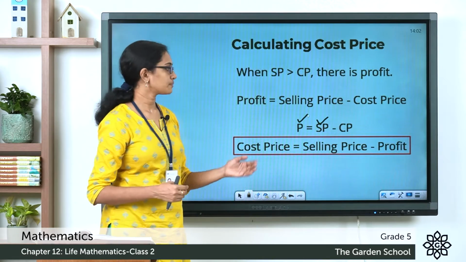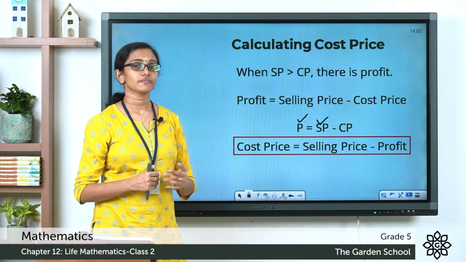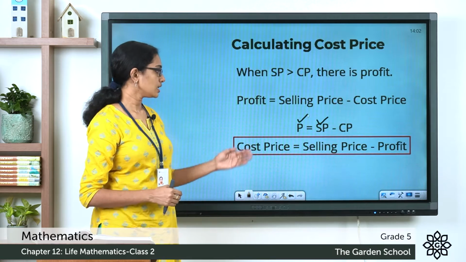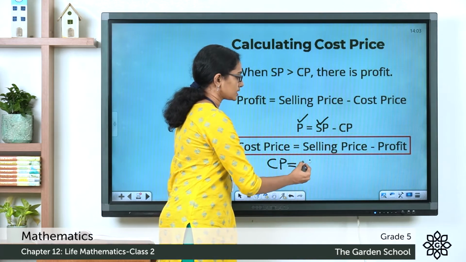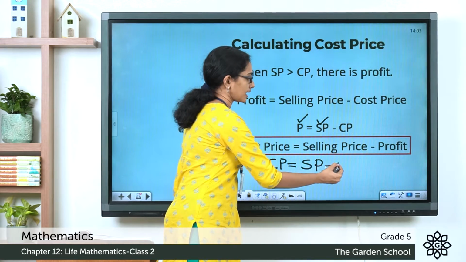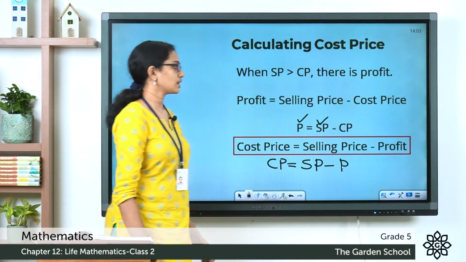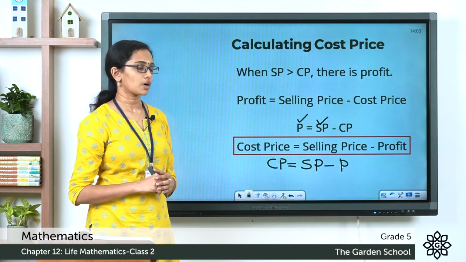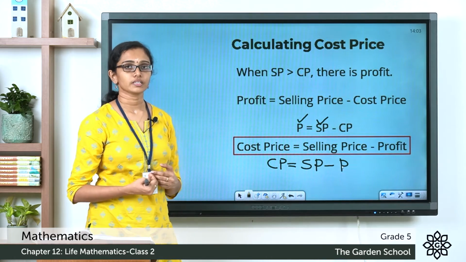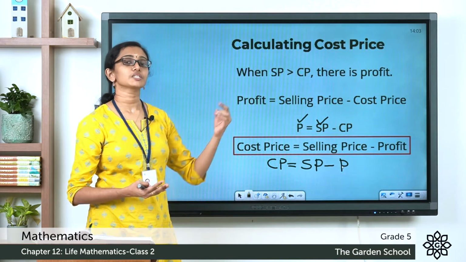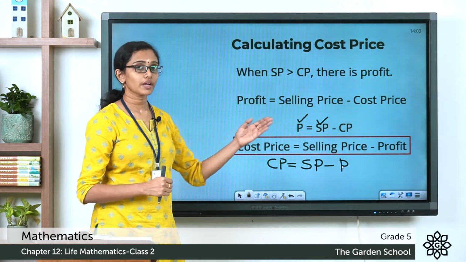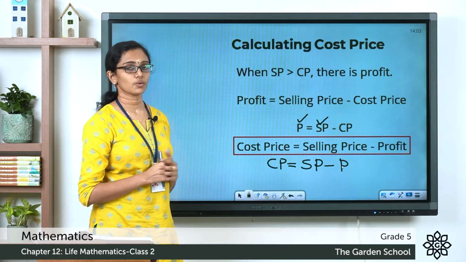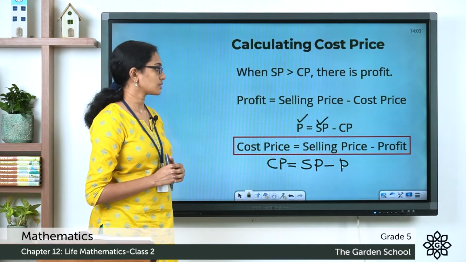So given the profit and the selling price, we can find out the cost price by the formula cost price or CP is equal to selling price or SP minus profit or P. Please note down this formula in your notebook. When you have a profit, it means that the selling price is more than the cost price. So you have to subtract that profit from the selling price to get the cost price. So just keep this in mind.